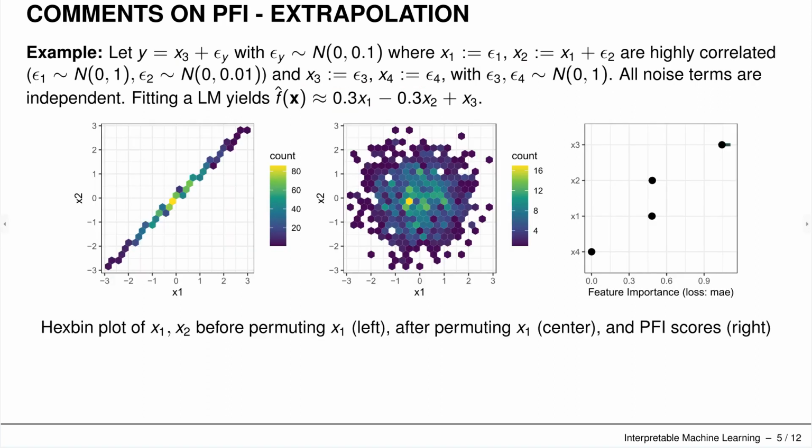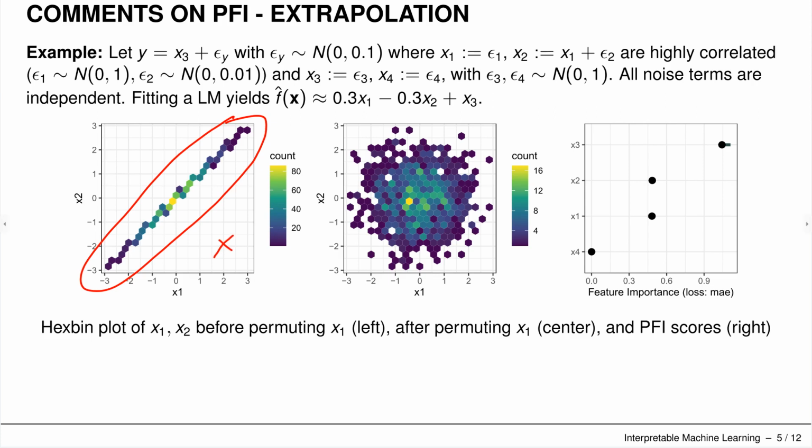If we now calculate PFI on that, first, if we look at X1 and X2, we see here that they are quite highly correlated. So it will not happen that you observe a value of X1 of 2 and a value for X2 of -2. So there's no data here.